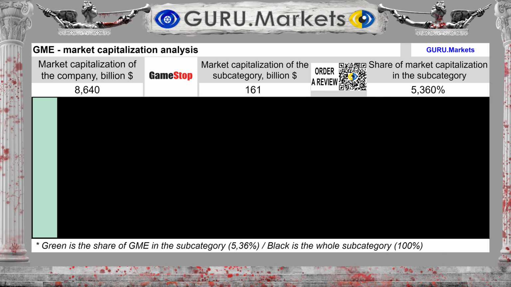So let's begin. Market capitalization of the company GameStop Corp. GME is valued at $8.64 billion, with a subcategory capitalization of $161 billion. GameStop Corp. GME has a share of 5.36% and is one of the medium-sized companies in the subcategory.